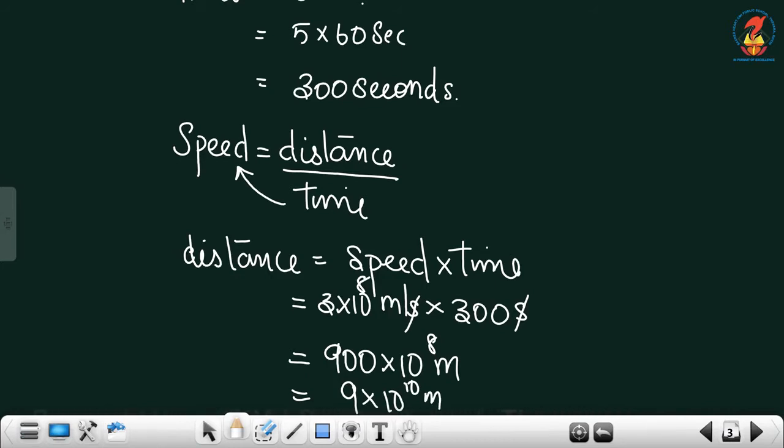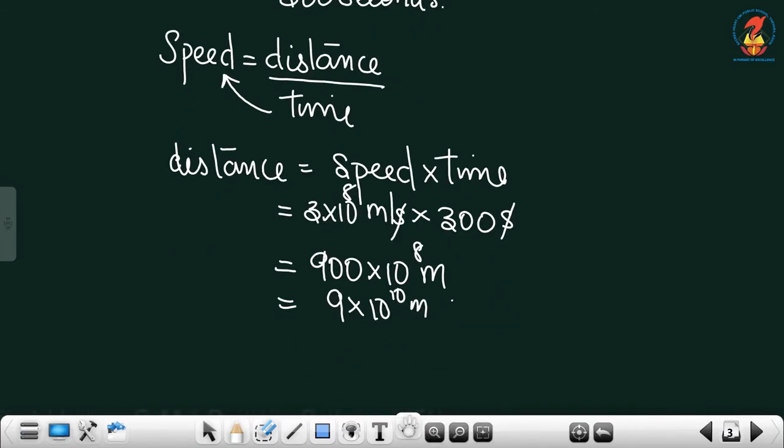Both are the same answer. The answer is C.